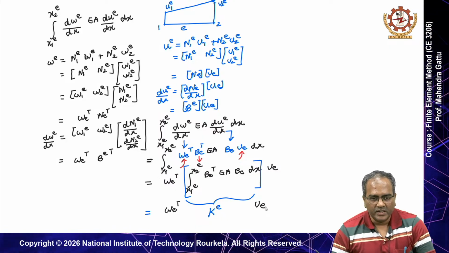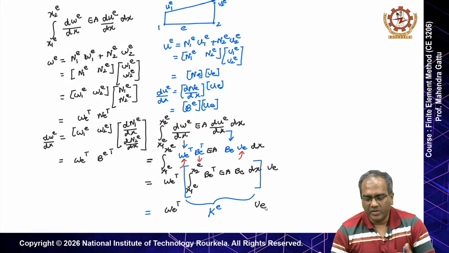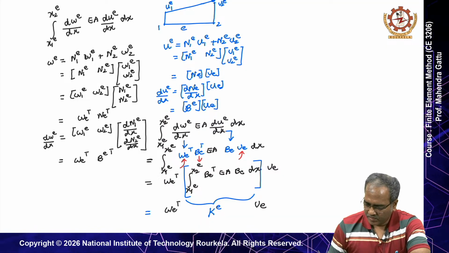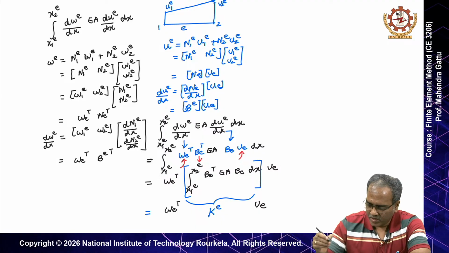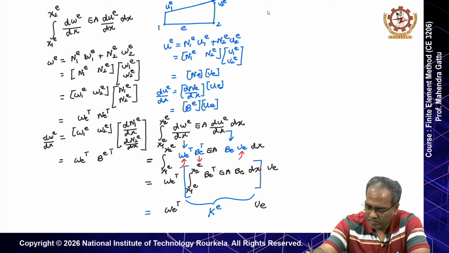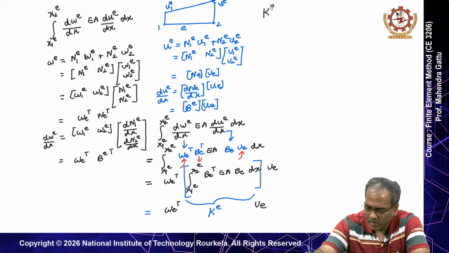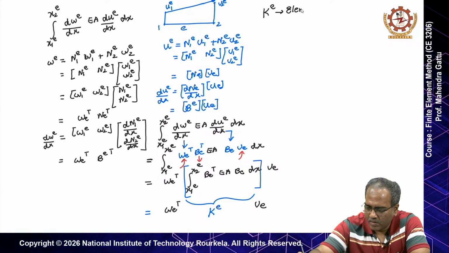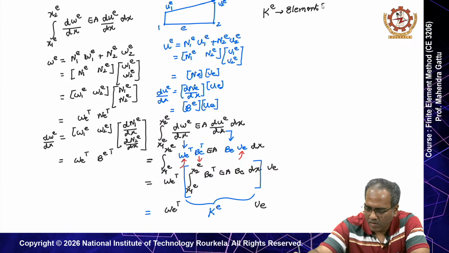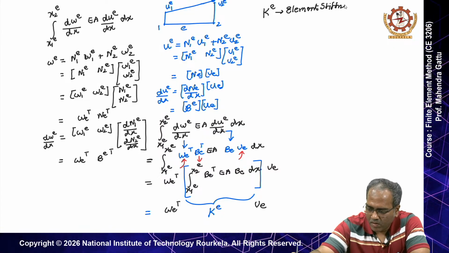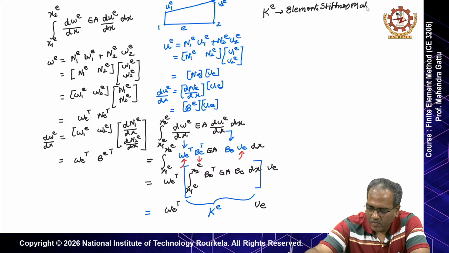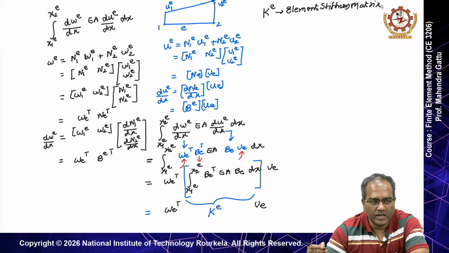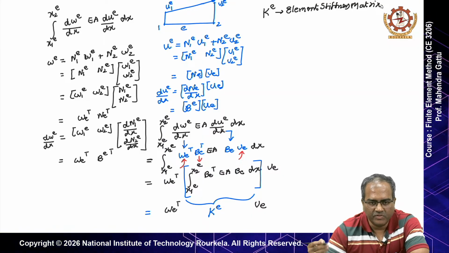So, this K e matrix, let us evaluate and see what we get. K e is called the element stiffness matrix. We had derived the element stiffness matrix for a 2 node axially loaded element in the first few classes.